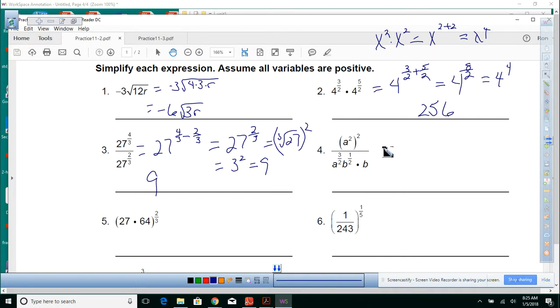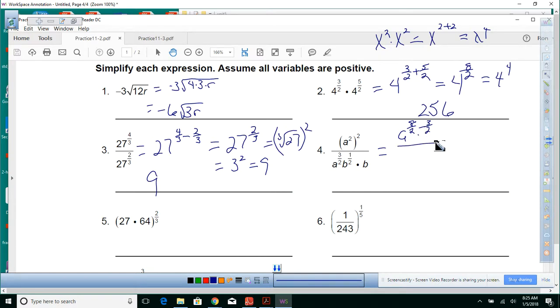There you go. All right, so we've got a to the 4th, and this is 4. That would be like 8 halves. So we're going to put 8 halves minus 3 halves.